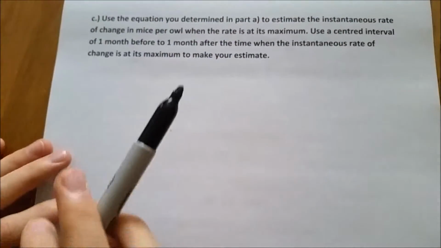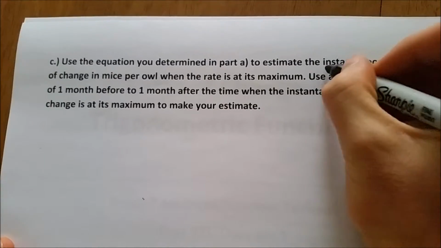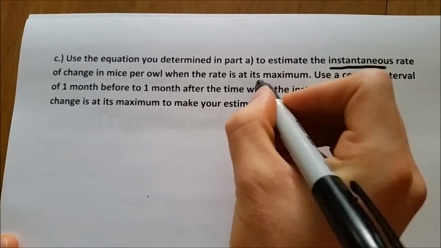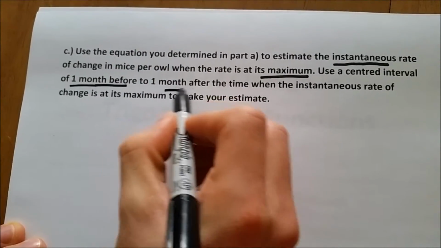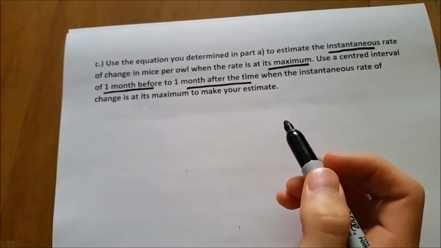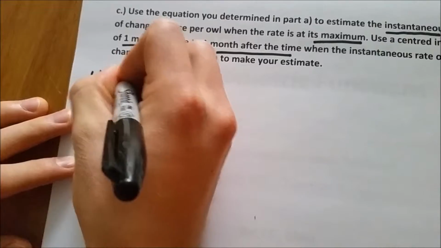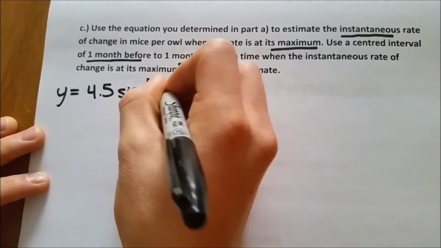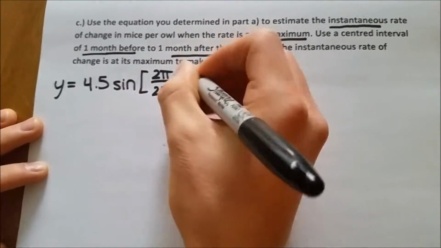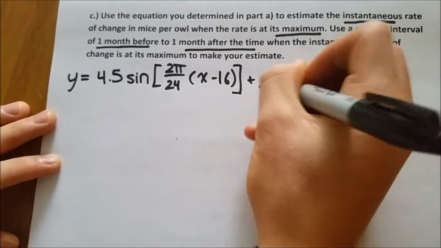Now we're going to use that information plus this equation to estimate the instantaneous rate of change at its maximum. We use a centered interval of 1 month before to 1 month after. So we have to find the instantaneous rate of change using our equation, y equals 4.5 sine of 2 pi over 24 times x minus 16, plus 20.2.